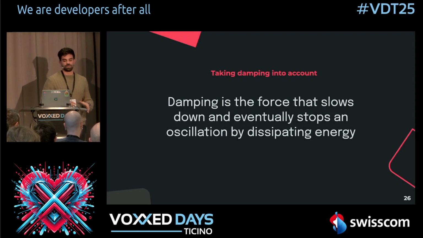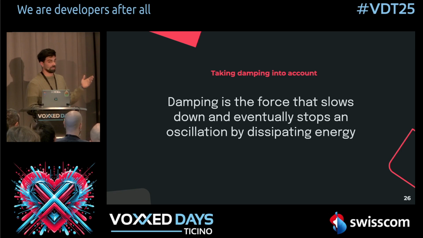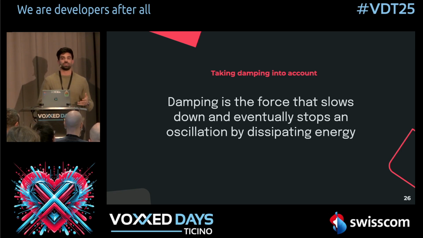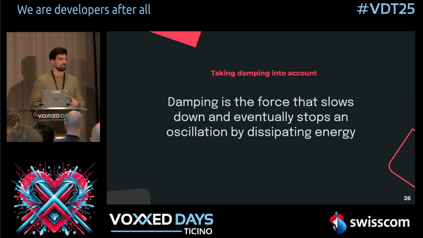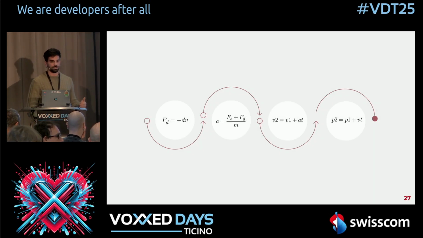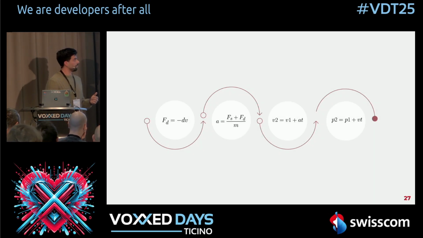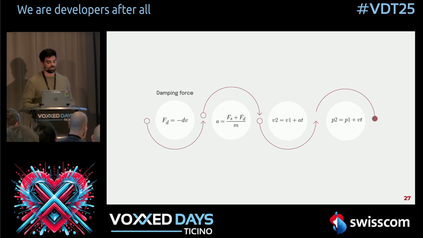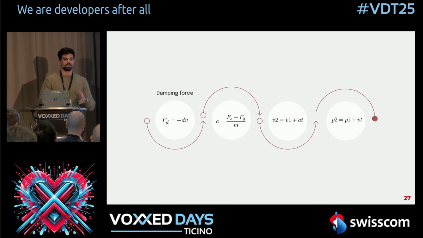So we have to take something else into account, which is the damping. The damping force in the real world would translate to forces like heat or friction, something that dissipates energy and eventually makes all the elements stop. So how do we put this into our formulas from before? Well, we define a new force here, which is the damping force, which is the result of the multiplication of the velocity and the new constant that we're going to be calling the damping ratio.